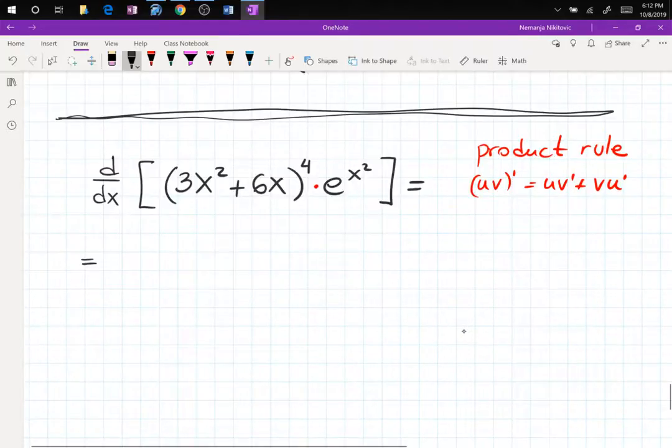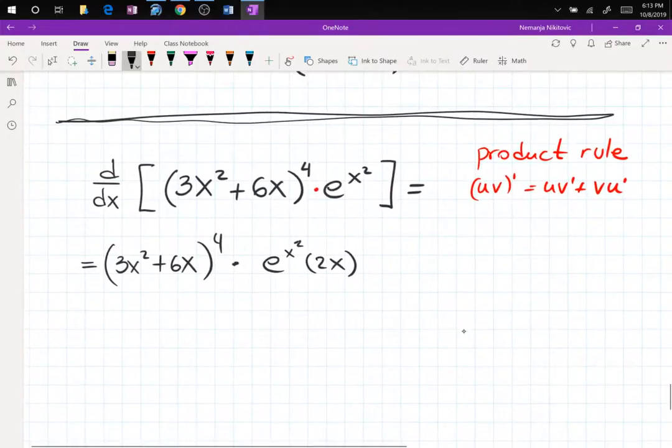So the product rule goes like this. Copy the first one, which is (3x squared plus 6x) to the 4th, times the derivative of the second. Well, that's the derivative of e to the x, so that's e to the x squared times 2x. And this is the chain, which was the part of v prime.